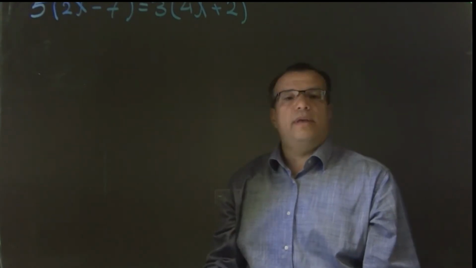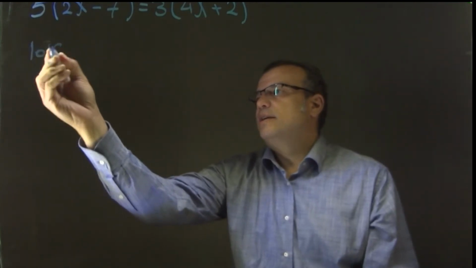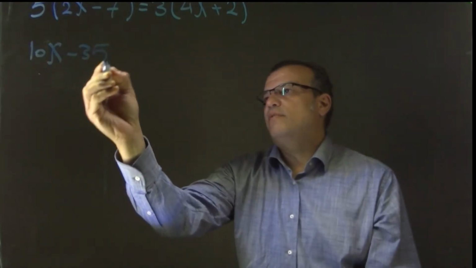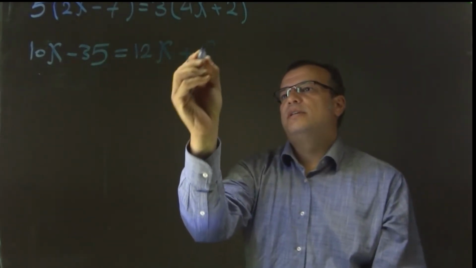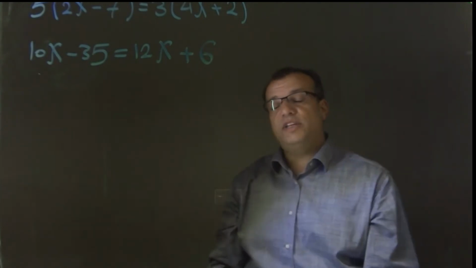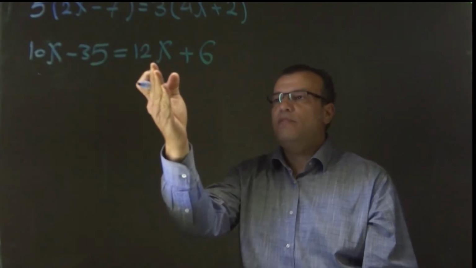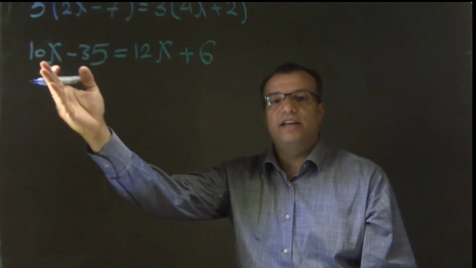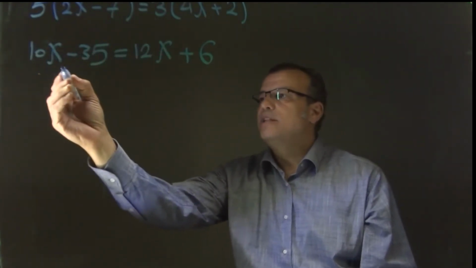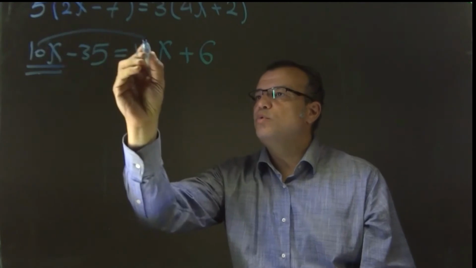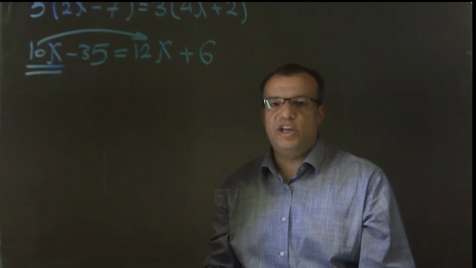When you expand the brackets, you will find 10x - 35 = 12x + 6. After expanding the brackets, you need to collect x terms with themselves. You have 12x on this side and 10x on the other side. So the smallest one should be moved to the greatest one. When you move it, you need to inverse the sign of the term.